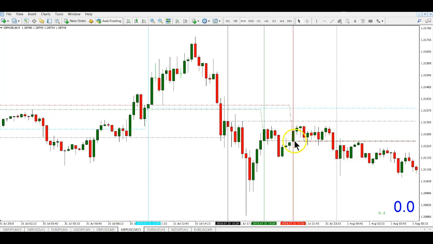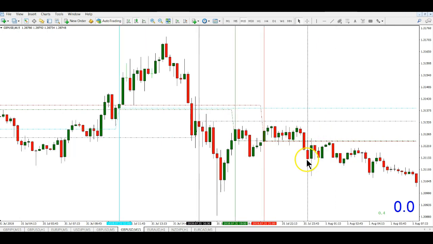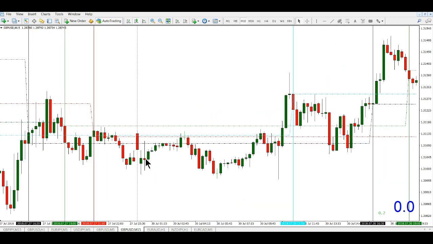Now, if you've got multiple open times, you can see how the market really uses that as support resistance. See here, it's 4 a.m. and it's 12 p.m. No, 2 p.m. The red is 2 p.m.